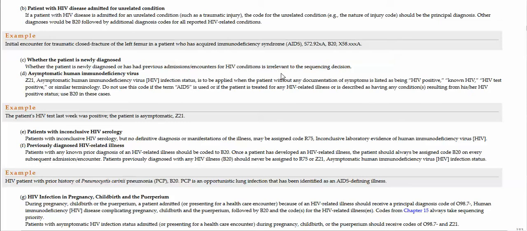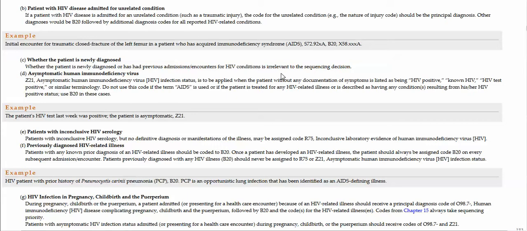So it doesn't matter. It doesn't make any difference if they just got diagnosed 2 hours ago, 2 minutes ago, or if they were diagnosed 20 years ago. That doesn't have any relevance, because you will find people who have had an HIV diagnosis for 20, 30 years, and they're still living a very happy, healthy life.